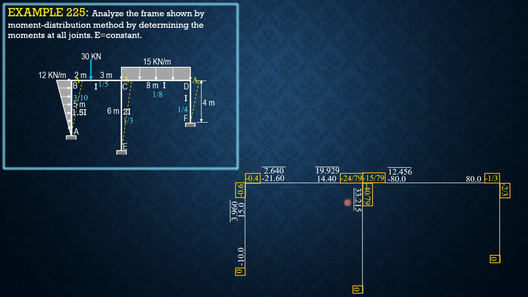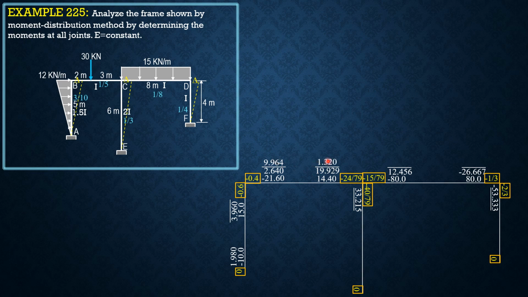So let's have this in this direction. Then 80 times negative 1/3 is negative 26.667. 80 times negative 2/3, negative 53.333. Then let's carry over. Half of 0, distributed moment here is 0. Half of 3.96 is 1.98. Half of 19.929 here.